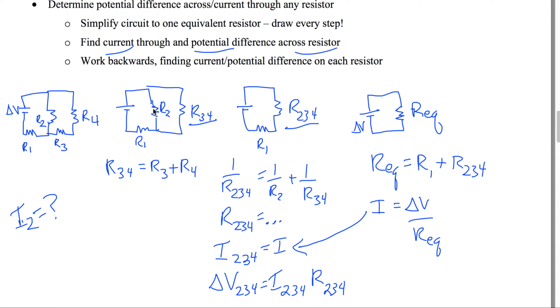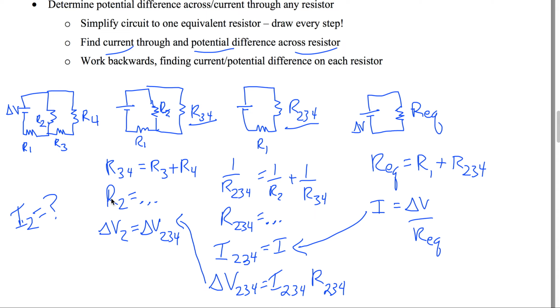We care about R2, so what do we know about R2? We don't even have to look at R34 here, because I randomly asked about R2. R2 was given, and its value is drawn in the circuit, so we already have R2, and then we need V and I. These two were in parallel to get 234, and the voltage is the same in parallel, so delta V2 is equal to the voltage we just found here.